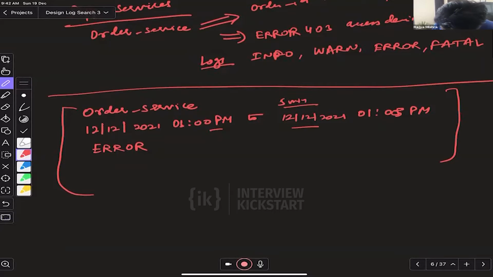Then another interesting thing could be, give me those log lines where user ID is something like 123?8.